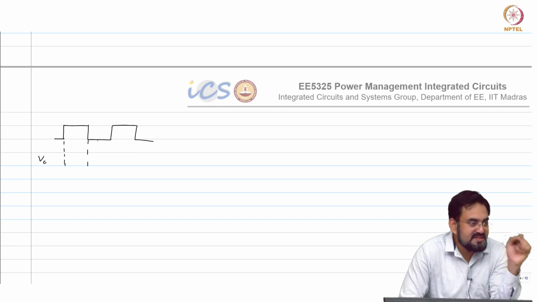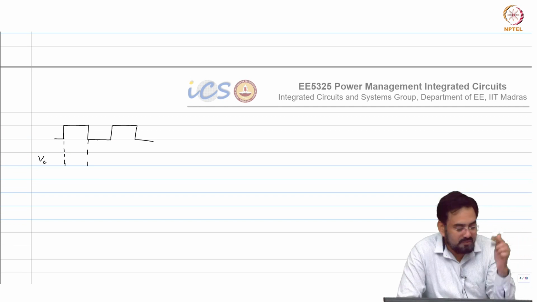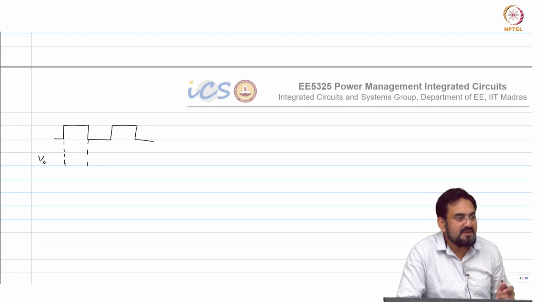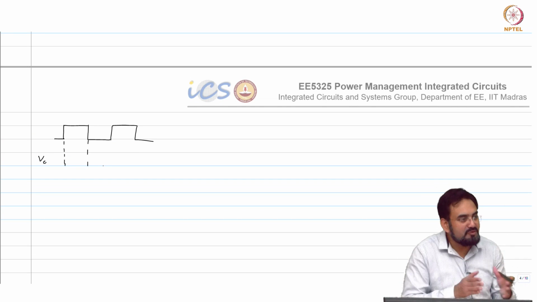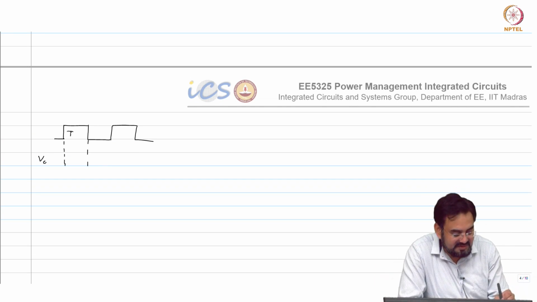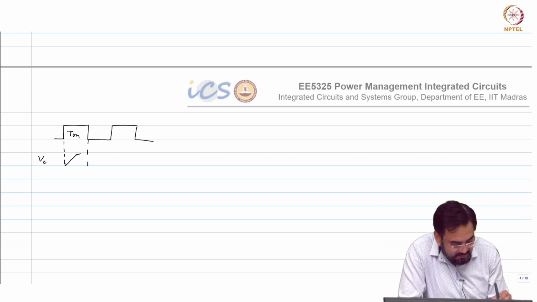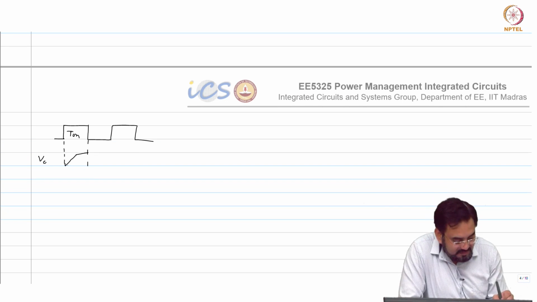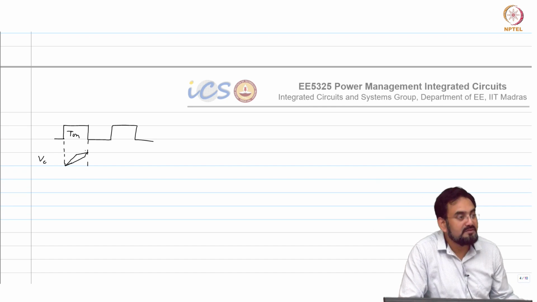If I change the R, then the entire slope will change during on time and during off time, but nobody is saying you have to keep the same slope throughout all the time. If this is T on, I can do this, or I can do this also.